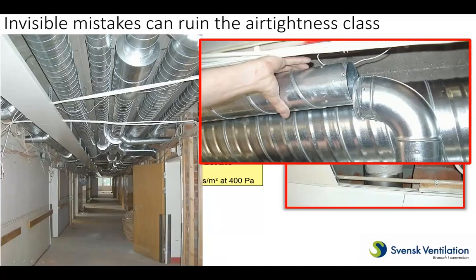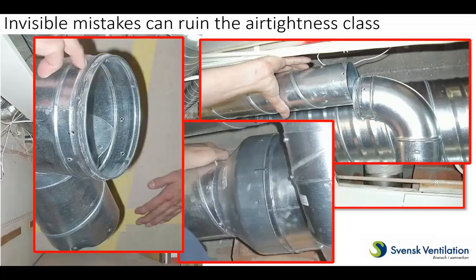So he takes out the screw and he turns this elbow a few centimeters, and he puts the screw back in the same hole. So one of these holes is invisible, and they are, as you can see, outside of the ceiling here. So that's why systems can leak, and you can easily lose your airtightness class by making invisible mistakes.